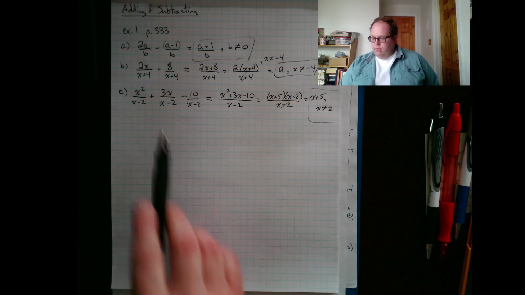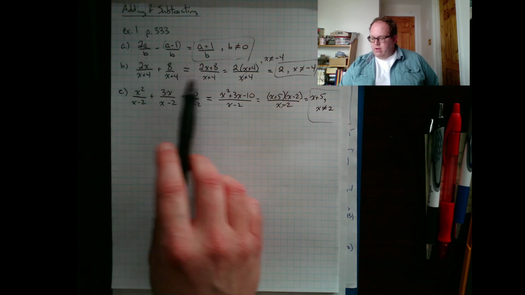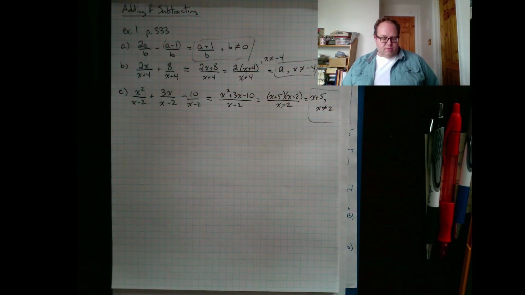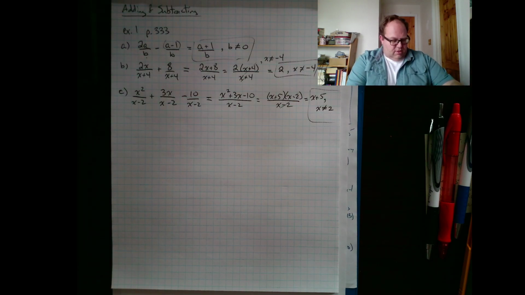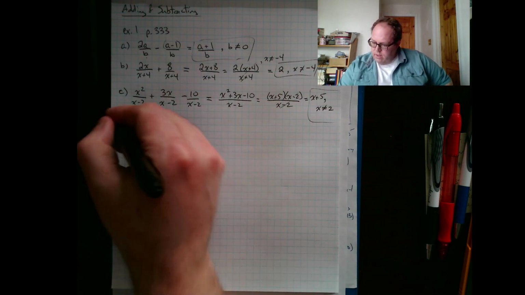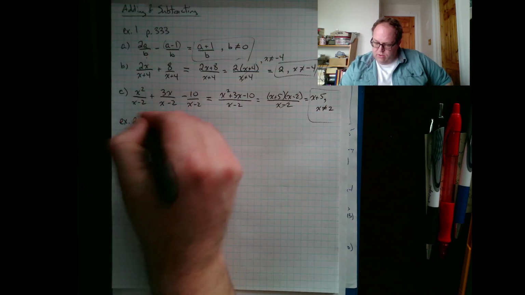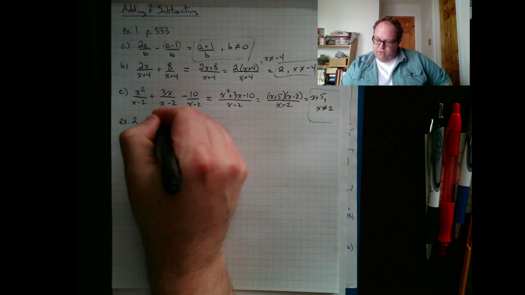So again, when your denominators are all the same, addition and subtraction is pretty straightforward. But when they're different, you've got a little bit more work to do. That takes us to example 2 on page 334.